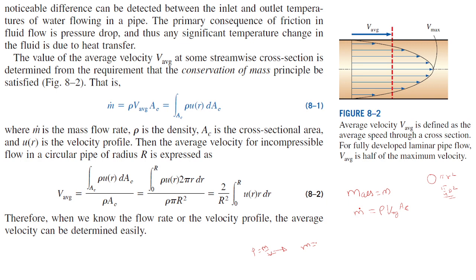So from here m is equal to density times volume. This is the formula of mass. So here if you put rho into V, this is the mass.